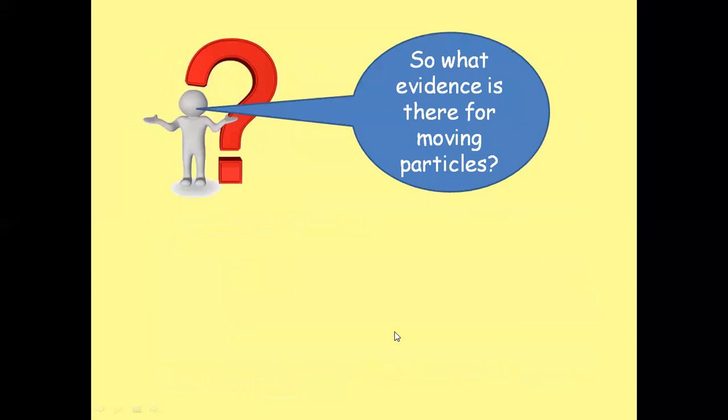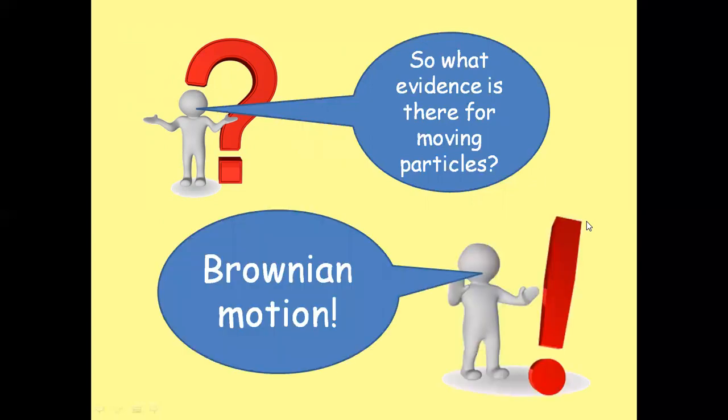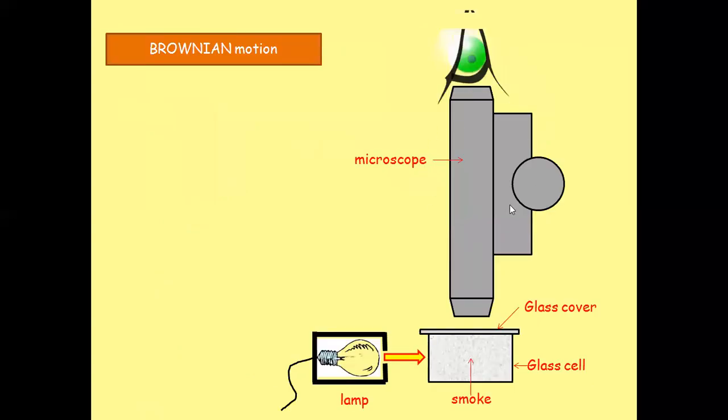Now, what evidence is there for moving particles? The evidence for moving particles is called Brownian motion. As you see, we have here a microscope, and under this microscope, a suspended slide. This slide is made up of smoke and gas.